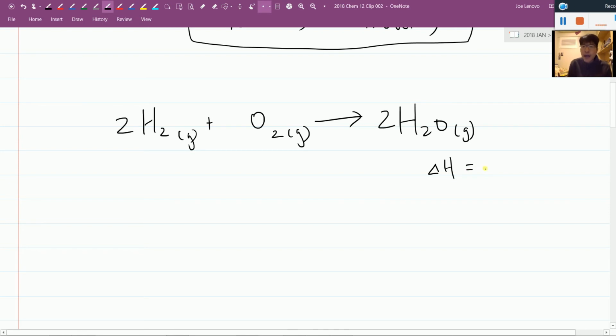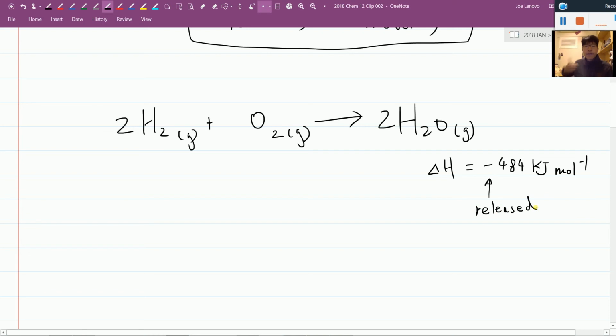And this time, for this particular reaction, it is a negative sign, and it's 484 kJ mol^-1. So that is a complete thermodynamic equation, and the negative basically means release.